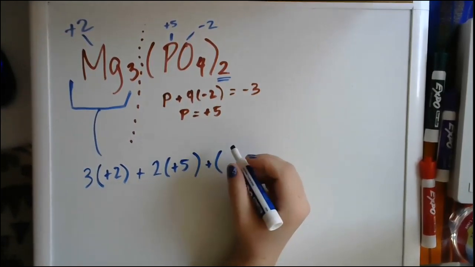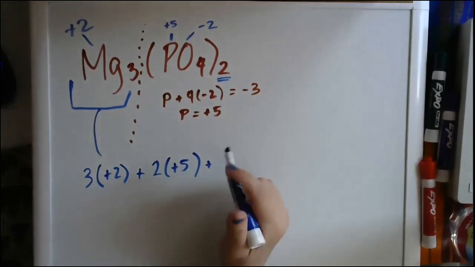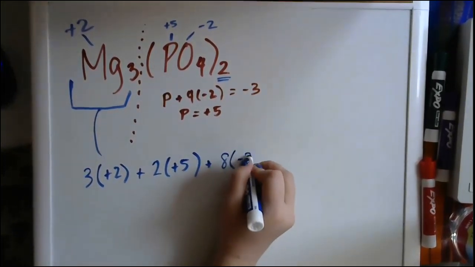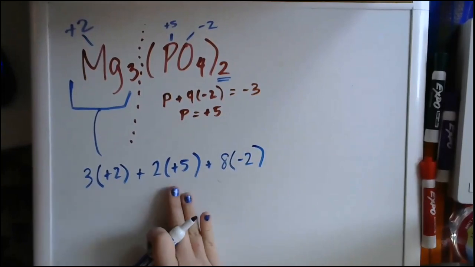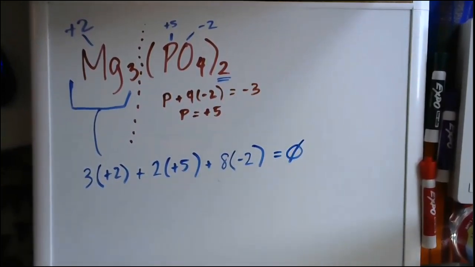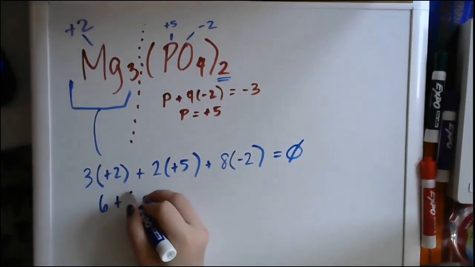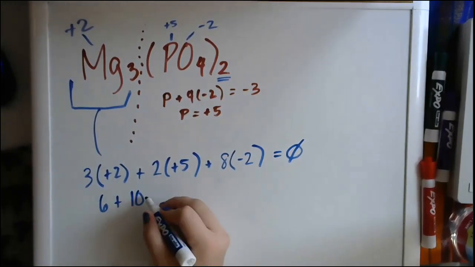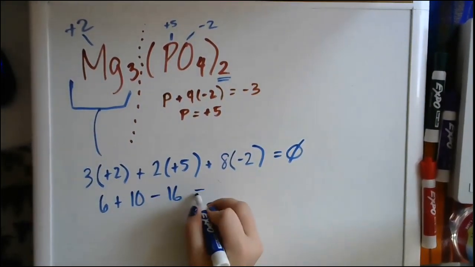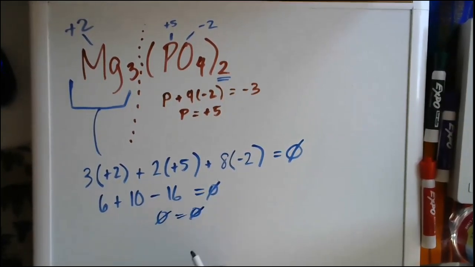And my oxidation state for oxygen, I'm going to have to multiply by 8. And when I add up all of these things, it should be 0. So 6 plus 10 minus 16 equals 0. 0 equals 0. We did good.